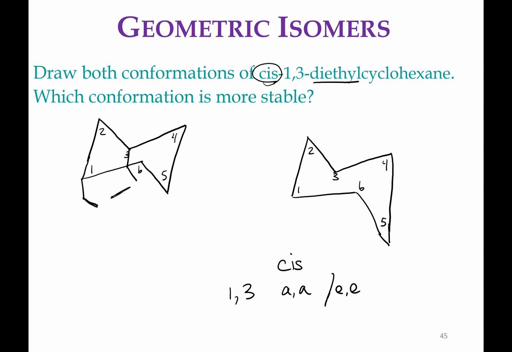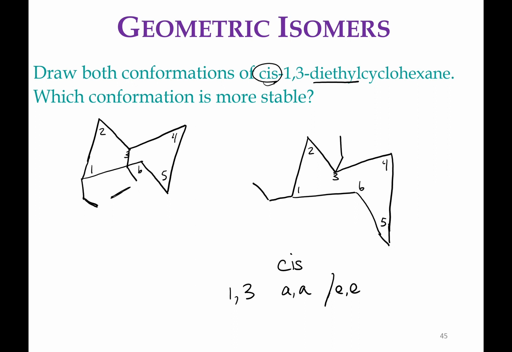Now, if we draw them both in the equatorial position, this one's coming out and up, and this one is coming out and up. It's kind of hard for me to illustrate this in this way, but I'm doing my best.